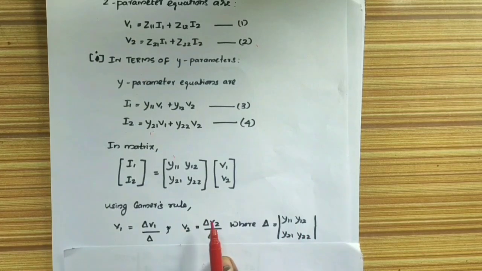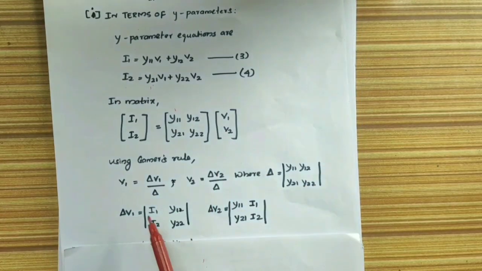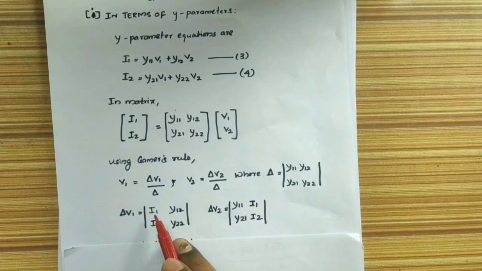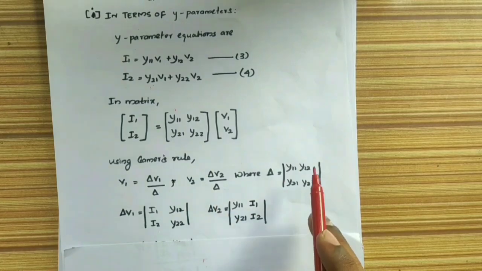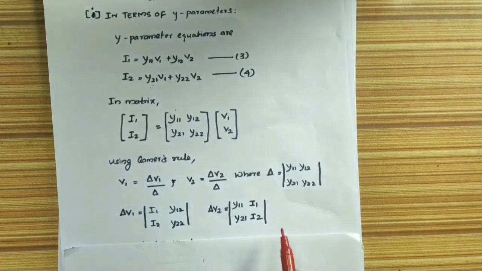And del V1 and del V2 can be written by replacing the corresponding columns of the determinant of the coefficients. That is del V1 equal to, in this determinant I am replacing the first column with I1 I2, and similarly del V2, in this I am replacing the second column with I1 I2.